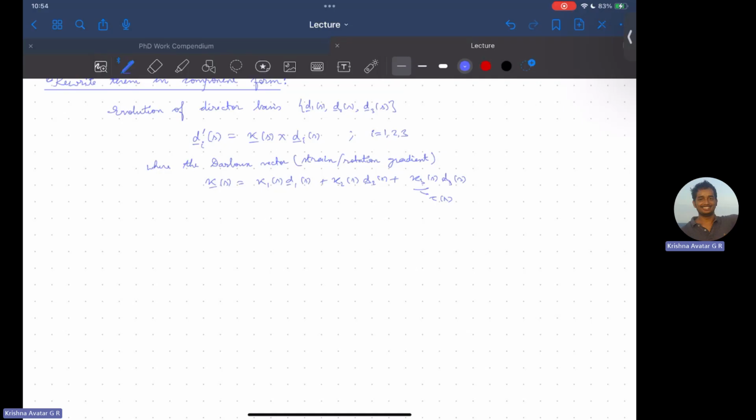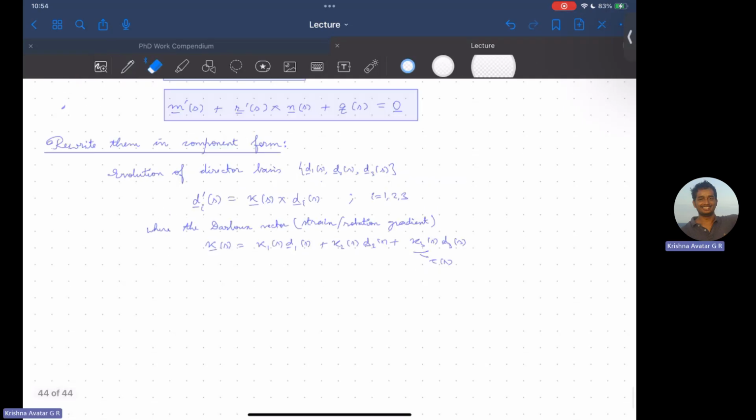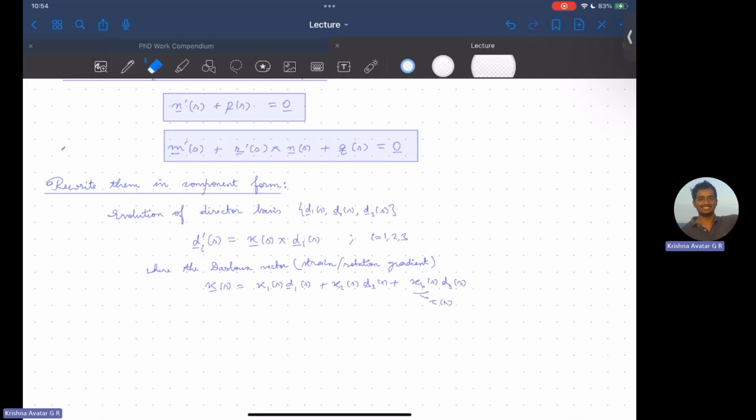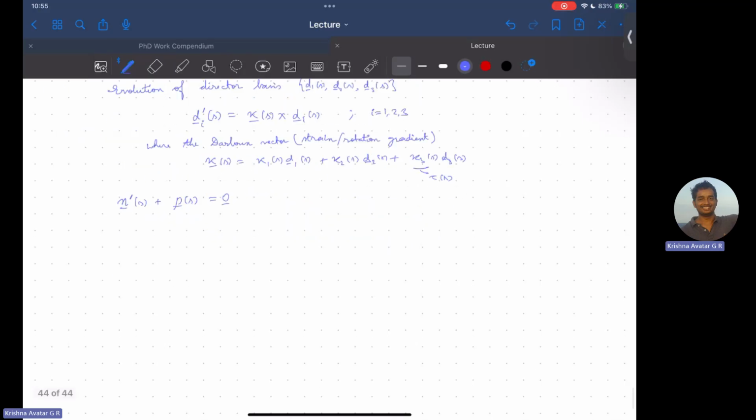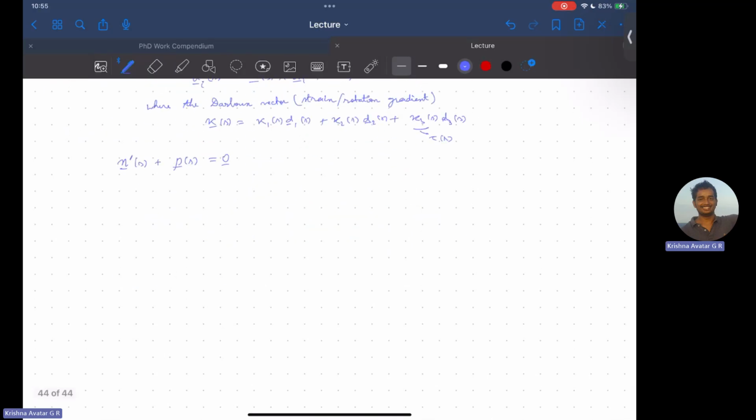Now let's develop these equations for all of them. Let's pick up the first equation: n prime cross p vector of s is equal to 0 vector. Mind you, here we are representing differentiation with respect to s, and s is an arc length coordinate.